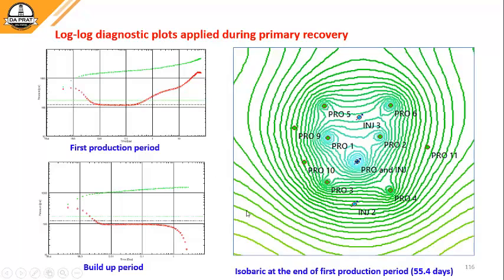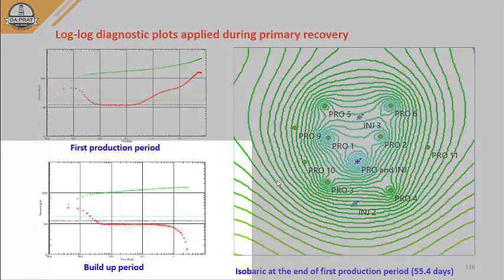And here I give you an idea of the isobaric or iso values for pressure. This is not injecting yet, even though this is the injector, but all these wells are producing. Before we analyze the build-up, you see they're producing: 5, 6, 4 is producing, 3 is producing.